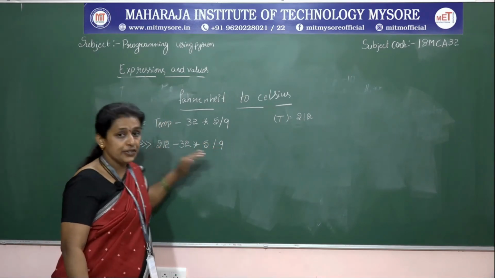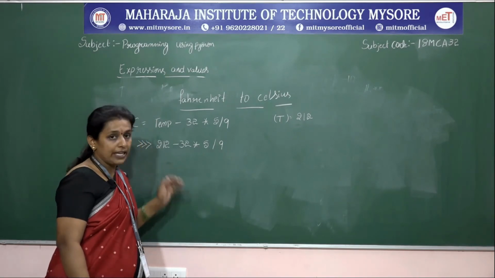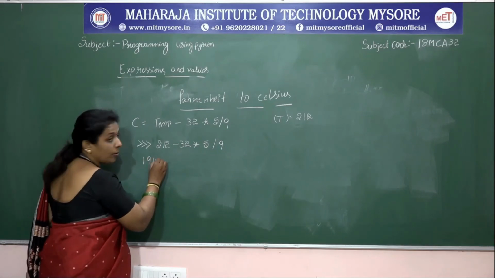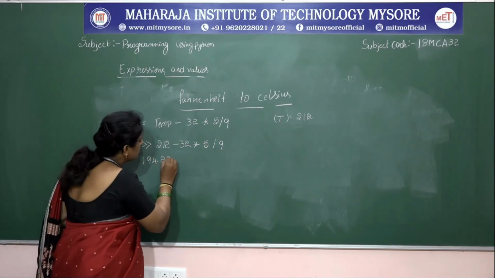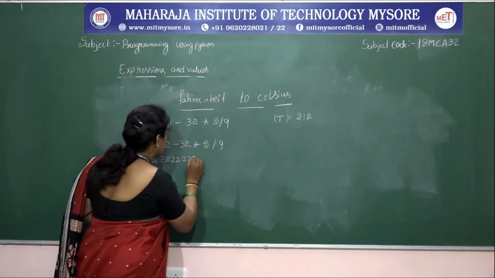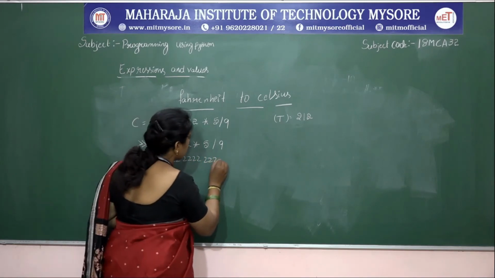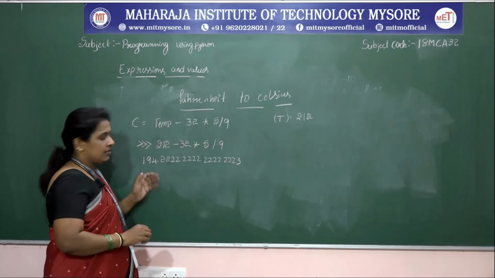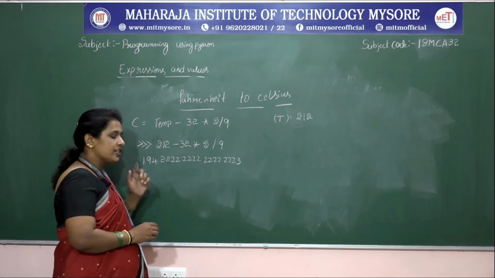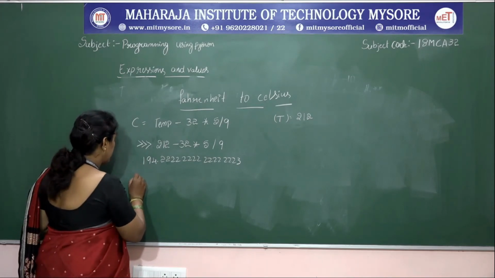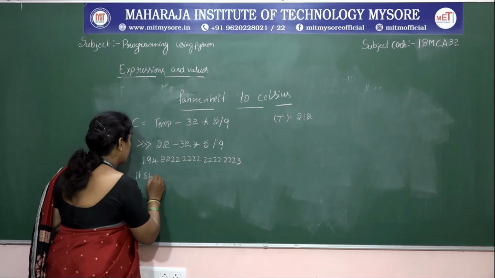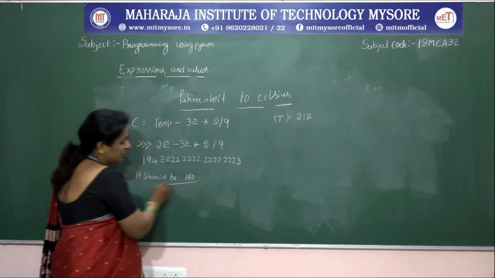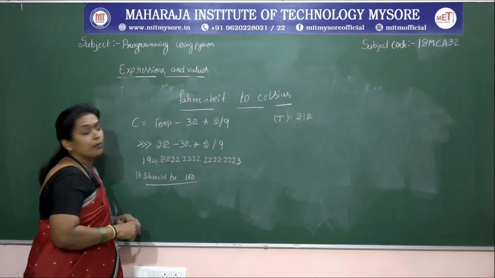When you execute this instruction in a Python shell, you will get an answer of 194.2. Is this correct? No, it should be 100. So what is the problem?